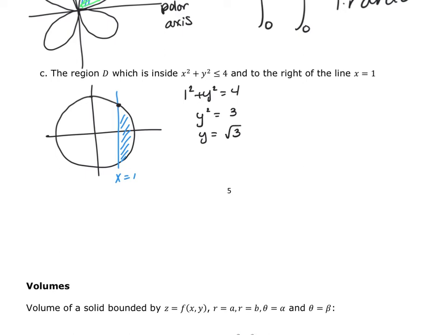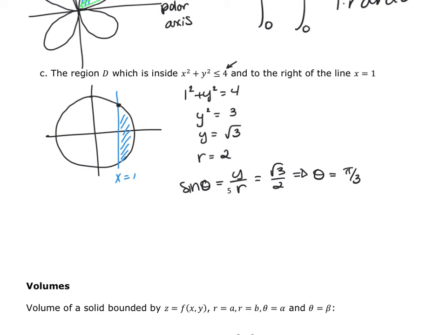Then I know that my r happens to be 2 because that's this part. Now I know that the sine of theta is going to be my y value over my r value. It's square root of 3 over 2, so we know that that happens when theta in quadrant number 1 happens to be pi over 3.